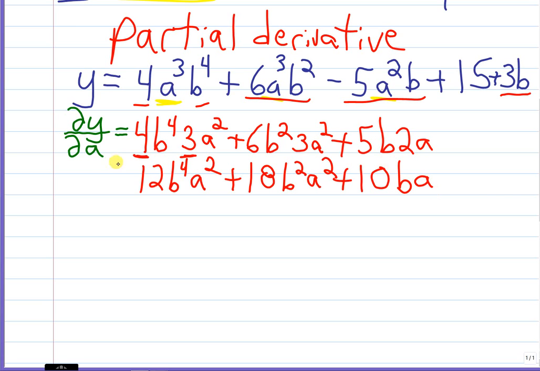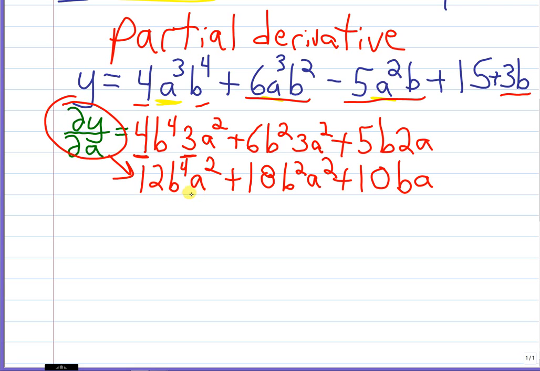So here is the derivative with respect to a: 12b to the 4th times a squared plus 18b squared a squared plus 10ba. Now, what this will tell you is if we plug in values of b and a here, it'll tell us at what rate y is going up as we increase the value of a by 1.